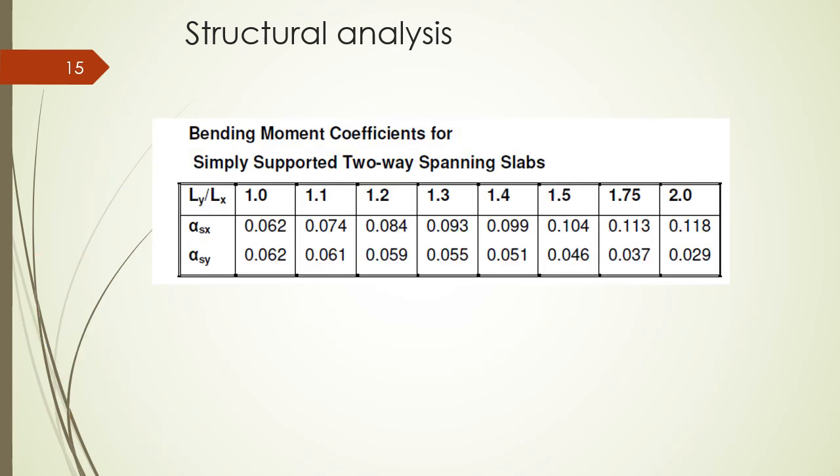The coefficients are given in the handout provided, and they are dependent on the ratio of Ly over Lx. They start from 1.0 all the way to 2.0. Remember, if Ly over Lx exceeds 2, then that will not be a two-way spanning slab, but a one-way spanning slab.